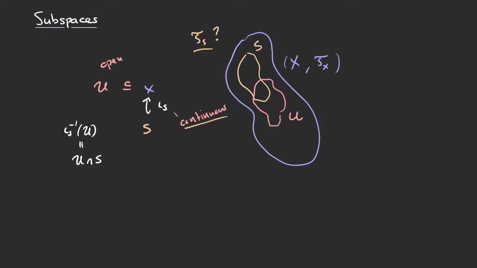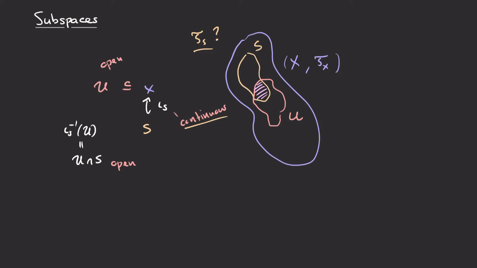In any case, this means that if the inclusion is to be continuous, then for any open set U in X, the intersection of U with S needs to be open in this new topology we're going to be defining. So in our picture, given any such red set U, we're going to have some intersection with S, which is possibly empty, but in this case, this intersection needs to be an open subset of S in the subspace topology.